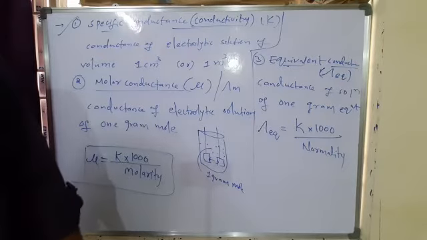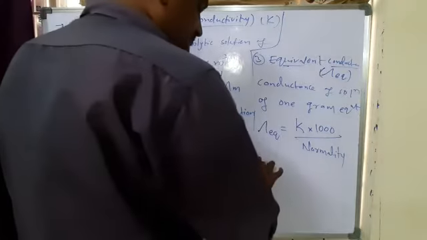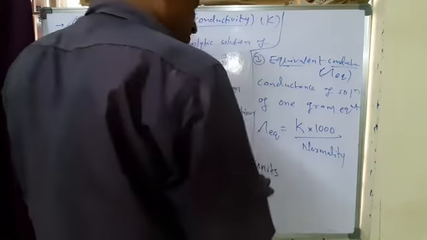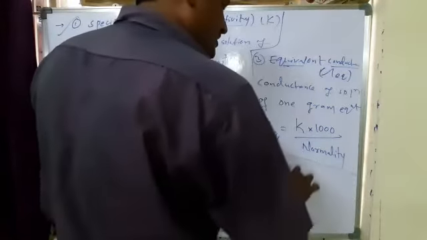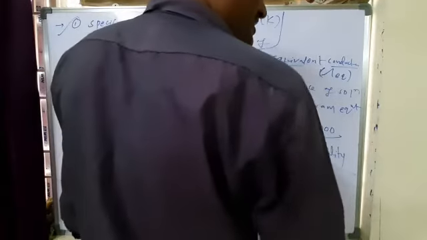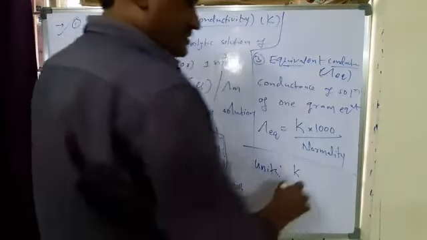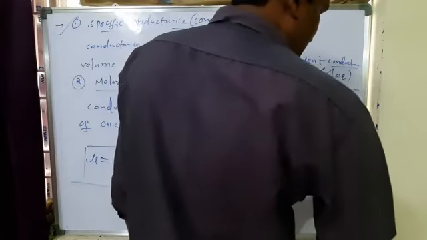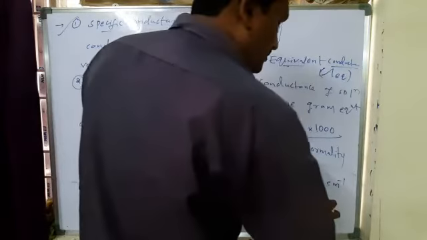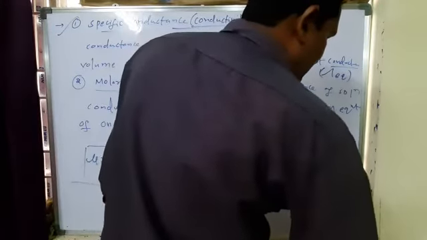And if you see the units, the units for K, specific conductance, are Siemens centimeter inverse in CGS units or Siemens meter inverse in SI units.